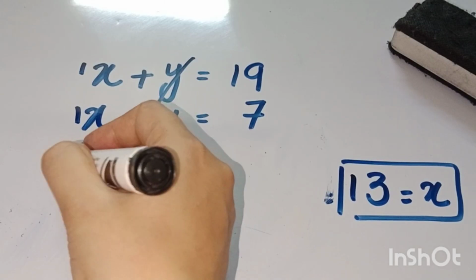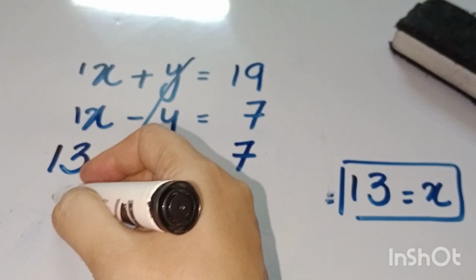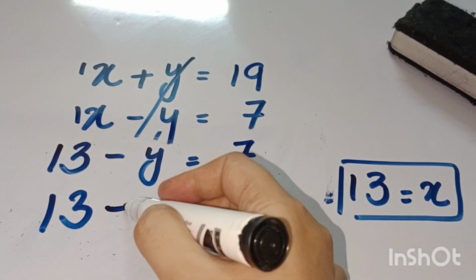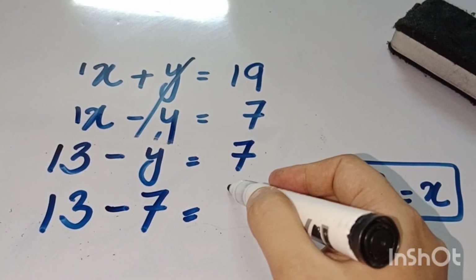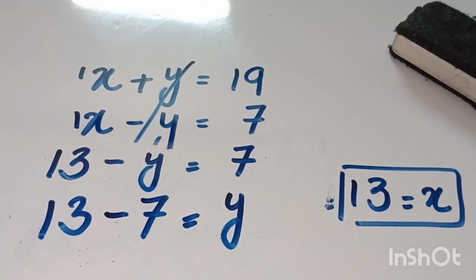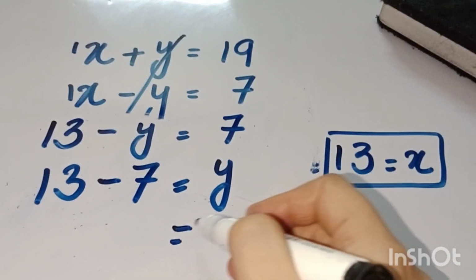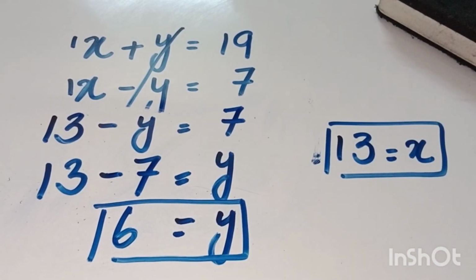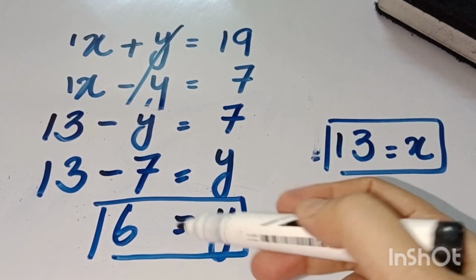Value of x is 13 minus y is equal to 7. This positive 13 comes to this side, it will become negative 7. And this negative y comes to this side, it will become positive y. Simply subtract these two numbers. 13 minus 7, it will become 6. So the value of x here is 13 and the value of y here is 6.